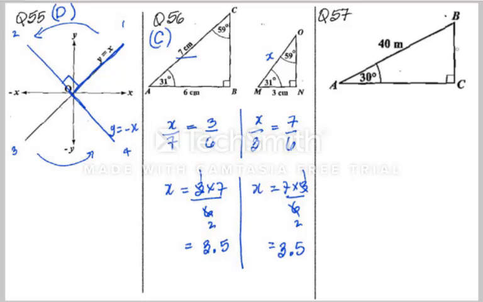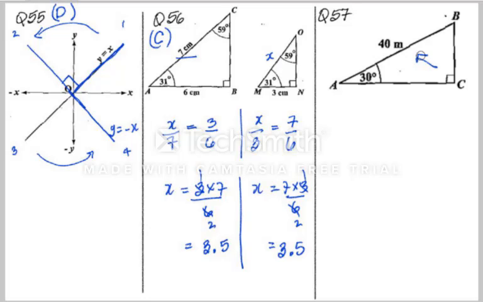Alright, so this is BC. BC is in front of the 30 degrees, so BC is the side opposite to the 30 degrees. 40 meters is in front of the right angle, so the 40 meters is the hypotenuse.